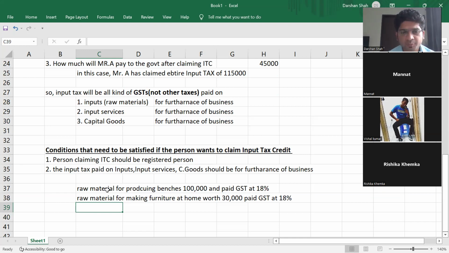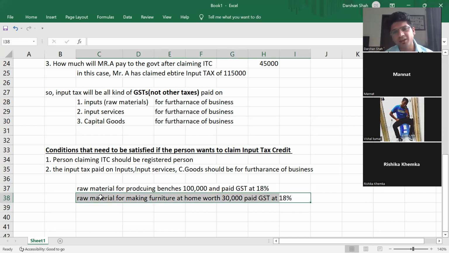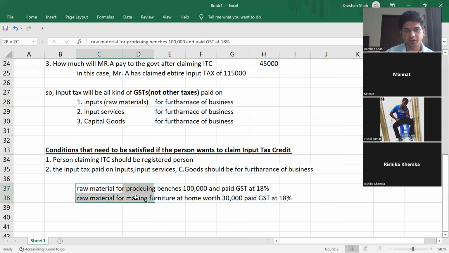So whatever input he is purchasing for personal purpose or for non-business purpose will not be allowed, even though he is paying GST, right? Here also he is paying input tax. If you purchase something, you pay input tax, right? So here also Mr. A is paying input tax, but he will not get to claim 30,000 at 18%. Is that clear, everyone?